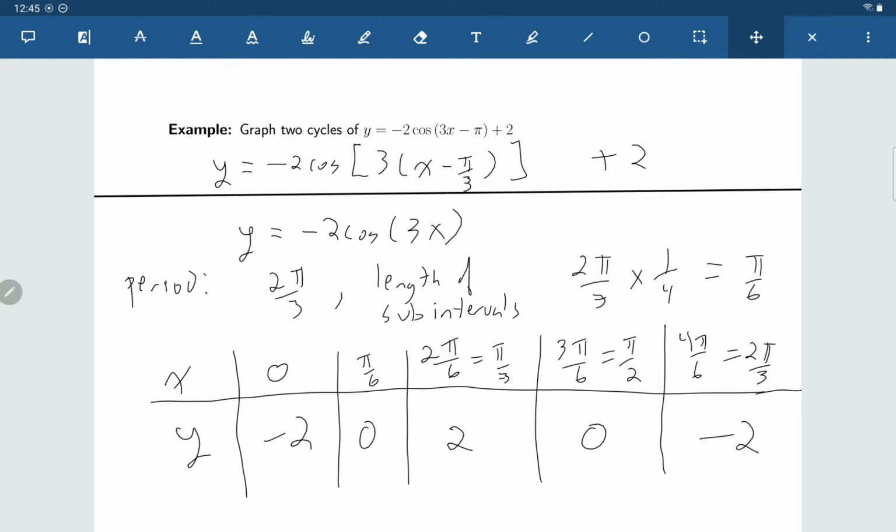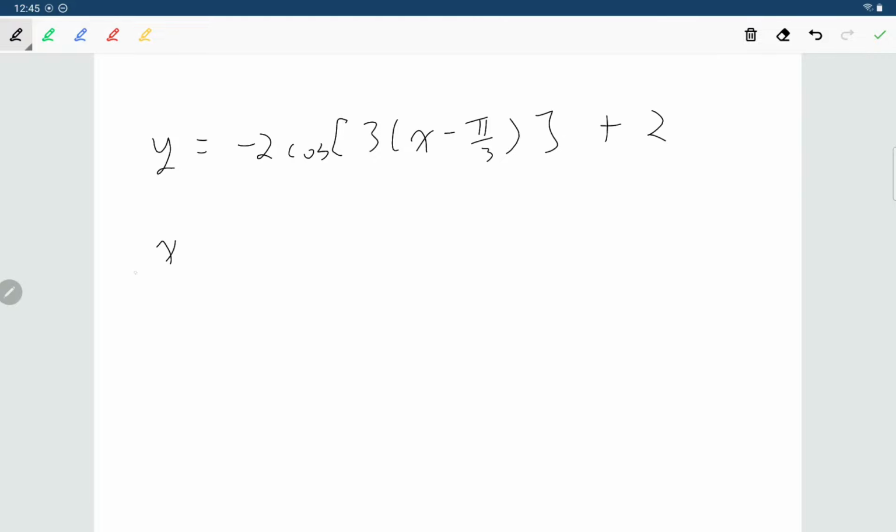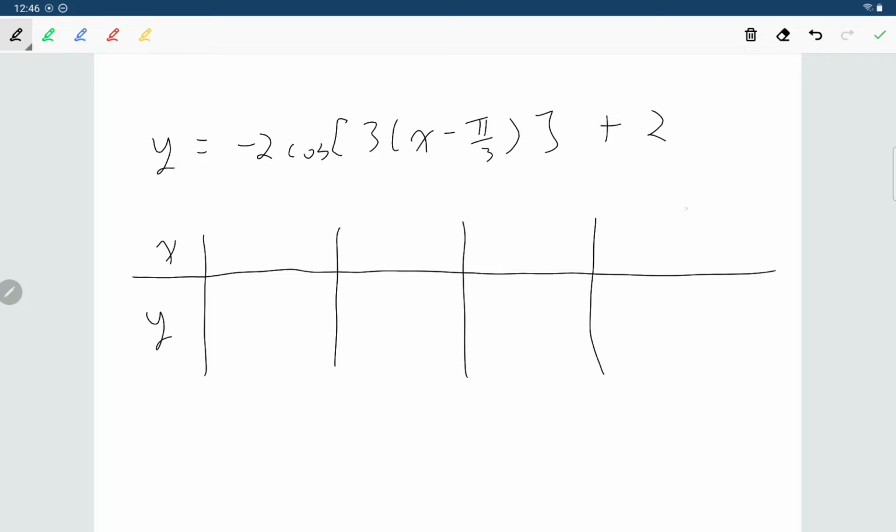Okay, so we've got most of everything ready to go. We just have to now do our 2 little shifts. So what we're going to need to do is take the x values that we had before, and we're going to be adding pi over 3 to all of our x values.